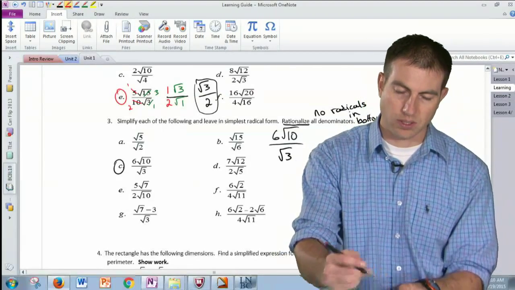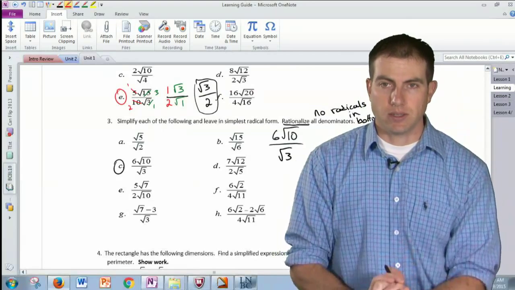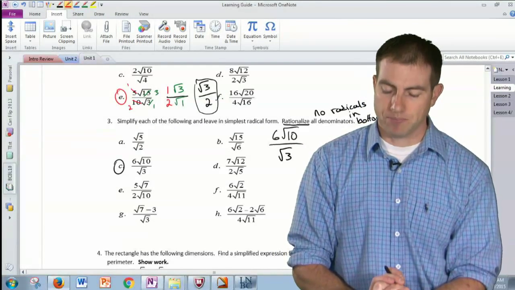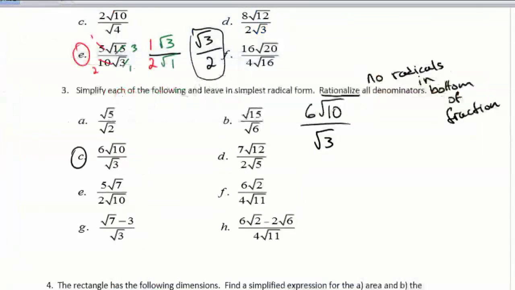I need to get rid of the radical sign in the bottom. The easiest way to do that is multiply by whatever is there. If I had something like root 3 times root 3, it's going to give me root 9, and the square root of 9 is just 3. So if I multiply the bottom by whatever is there, I'm going to end up getting rid of the radical.